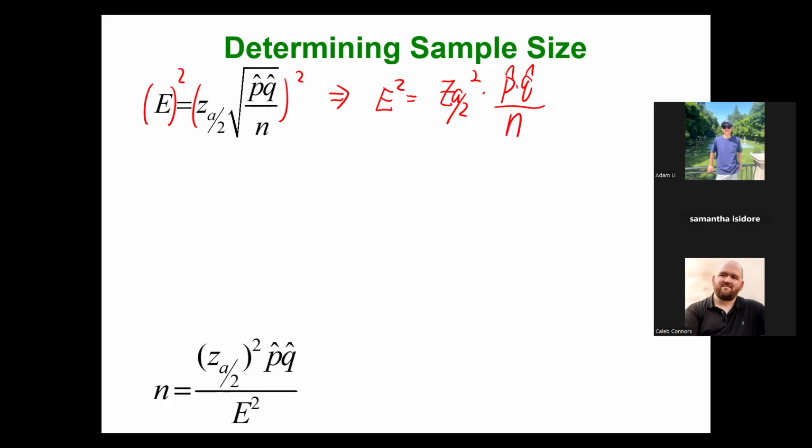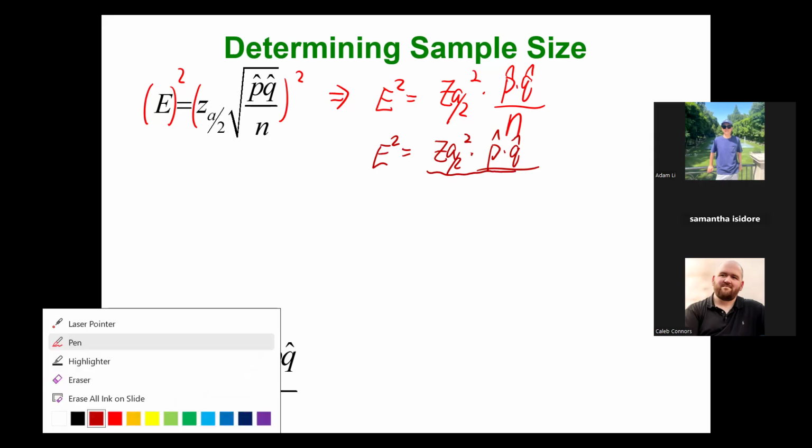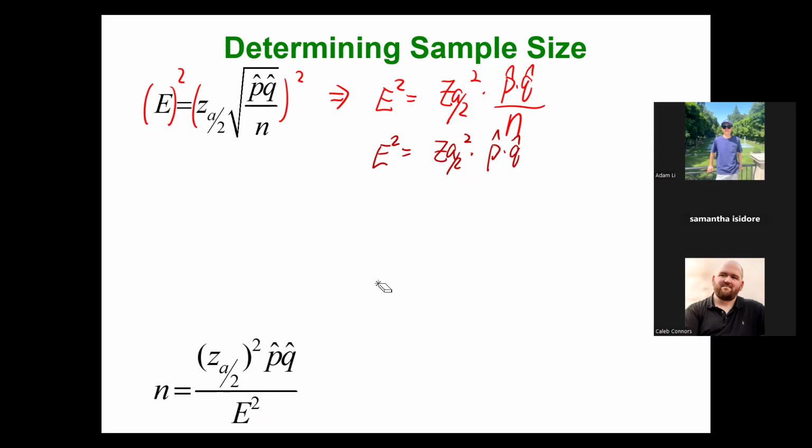And now from here, we're going to solve for n. So we make a fraction here, E squared equals z squared times p hat q hat over sample size. The other side we will also make a fraction.